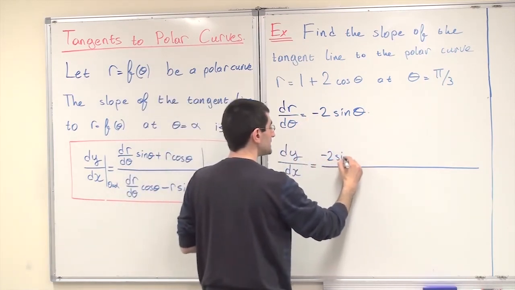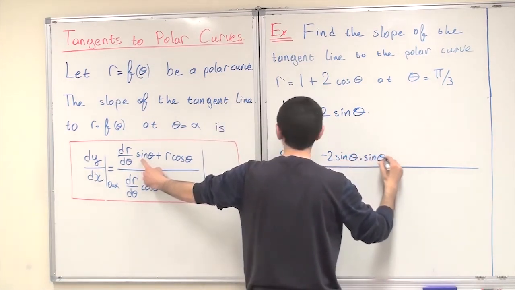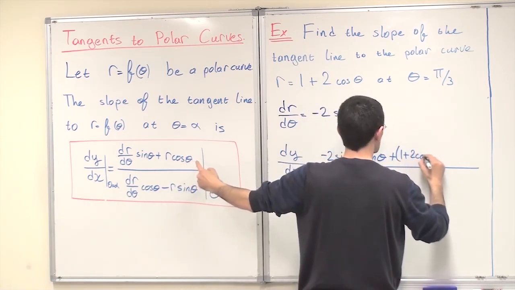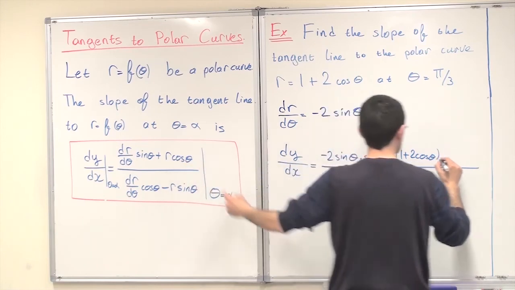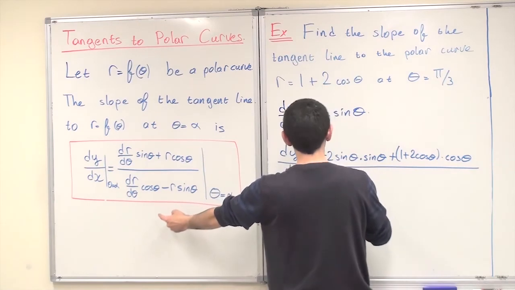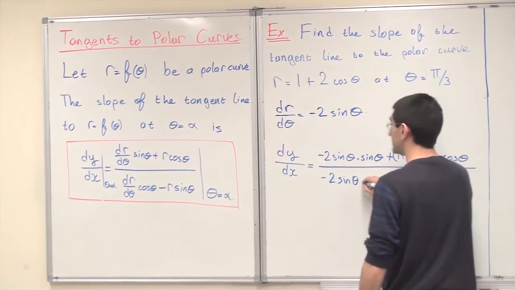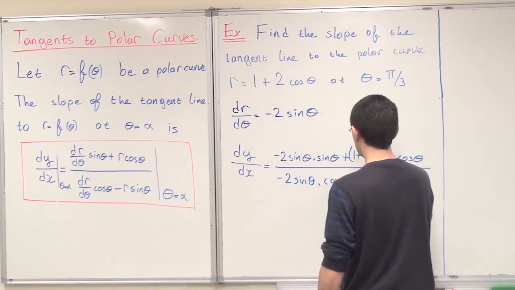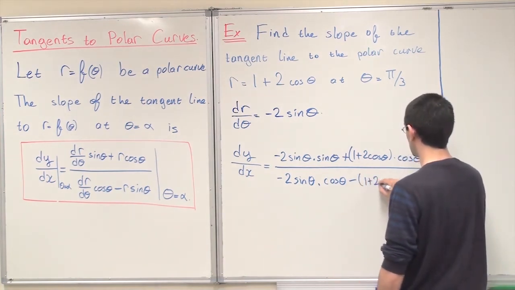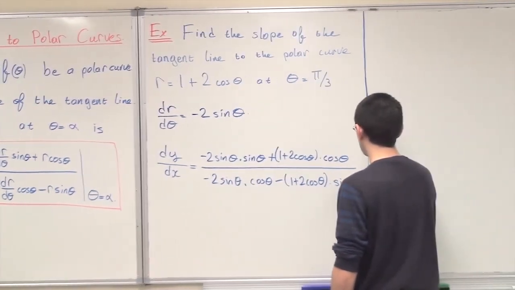Now let's put this in our slope formula. Minus 2 sine theta times sine theta plus r, 1 plus 2 cosine theta, times cosine theta, all over dr over d theta, which is minus 2 sine theta times cosine theta, and minus r, which is again 1 plus 2 cosine theta, times sine theta.